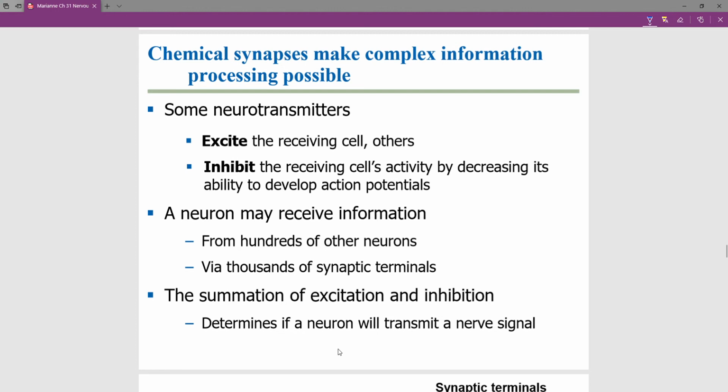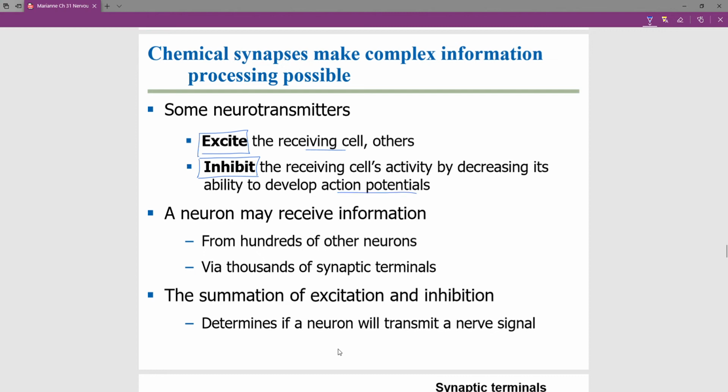There are different kinds of neurotransmitters. If you're looking at that last sheet as I talk, you could have neurotransmitters that are excitatory and make the receiving cell fire, or neurotransmitters that are inhibitory, which basically chill out the receiving neuron, meaning it's not going to have an action potential.